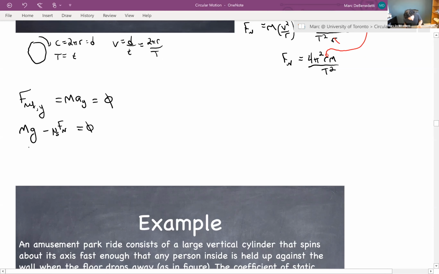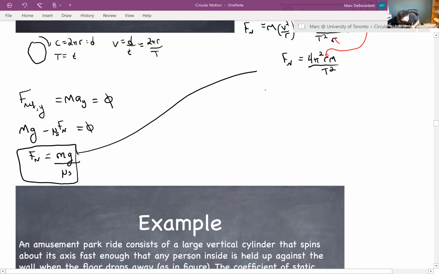So this tells me that the normal force is in fact equal to mg divided by mu s. Now we're getting interesting here. So the normal force mg over mu s equals 4 pi squared rm over period squared.